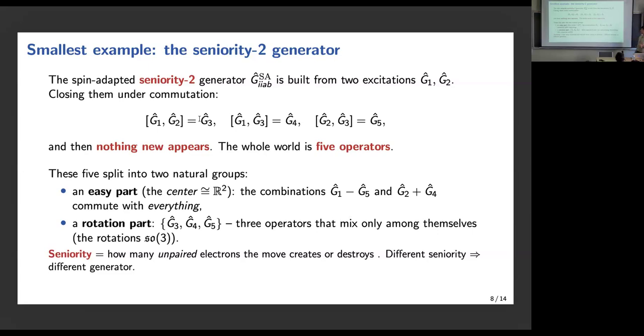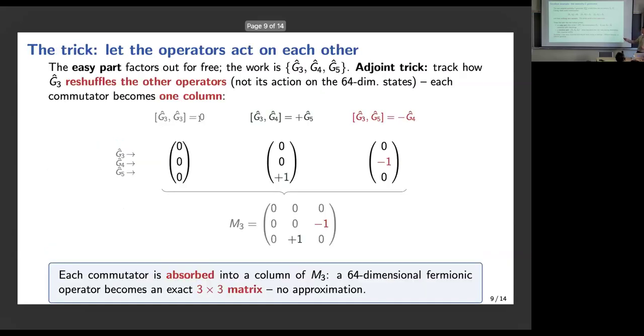So you remove the center from the algebra. What you're left with is called the hard part or the rotation part. These parts basically just mix among themselves. For this example, they form an SO(3) algebra, which is like a 3D rotation algebra, but in general, you could have any rotation part. So like I said, the easy part can be exponentiated individually. The rotation part is the hard one that I'm going to explain how you would do. So there's another trick in here.